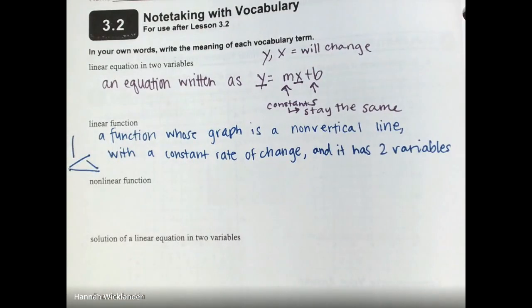Okay, and then our last vocab word is nonlinear function. It does not have a constant rate of change, and it's not a line.